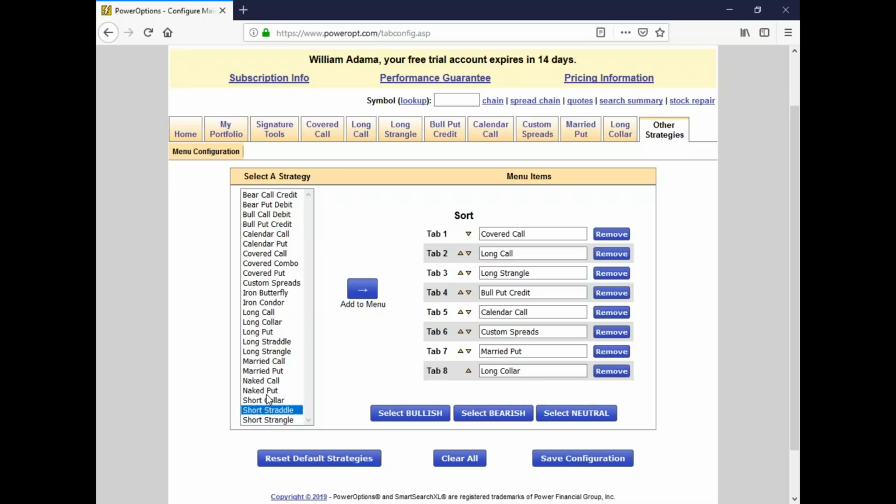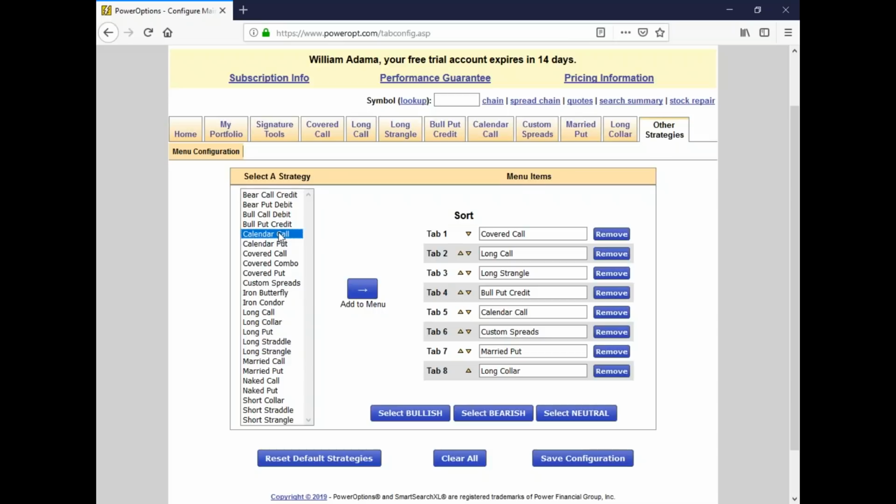Short straddles and strangles, naked puts, naked calls, short collars, married put, married call, long straddles and strangles, buying calls and puts, condor, butterfly, the custom spread, profit and loss chart page, covered combinations, do a covered call, but sell an out of the money put as well.